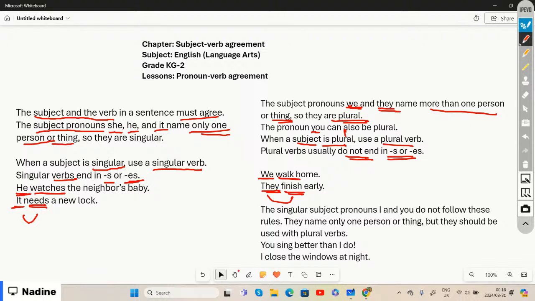And when we look at the singular subject pronouns, like I and you, they also do not follow these rules. They name only one person or thing, but they should be used with plural verbs, meaning that they don't add an S or ES to the verbs.